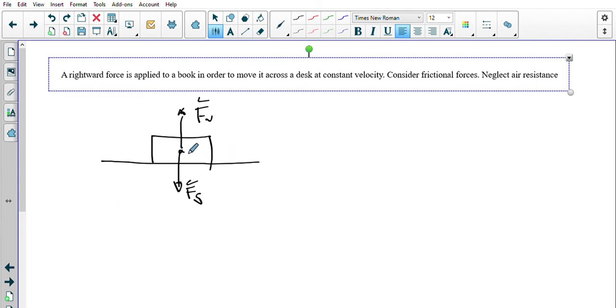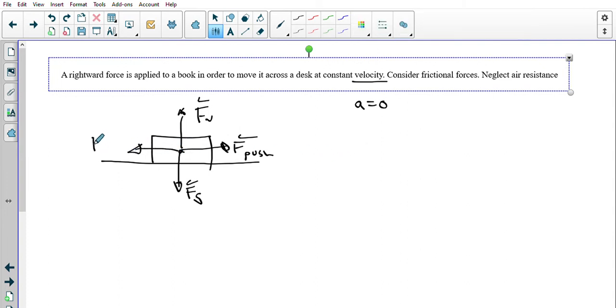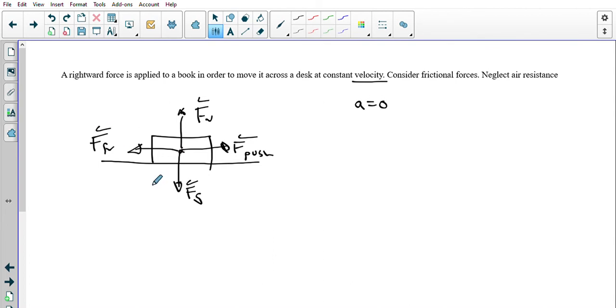We're applying a force to it. There's the force of my push or my pull. I'm moving it across the table, but at a constant velocity. If it's constant velocity, uniform motion, the acceleration is equal to 0. And if the acceleration is equal to 0, then my force of friction has to be equal to my force of push.